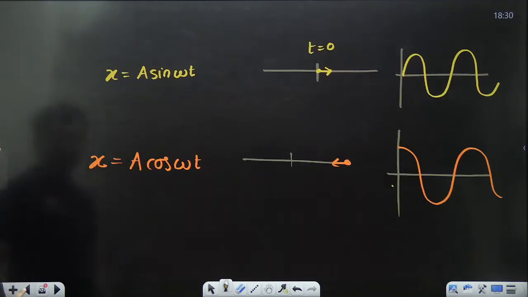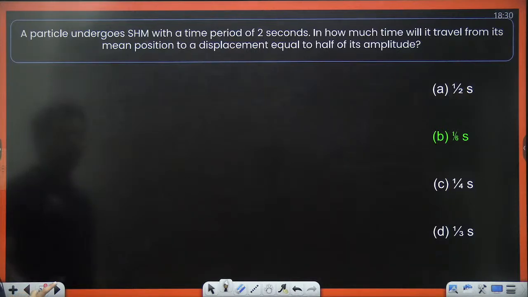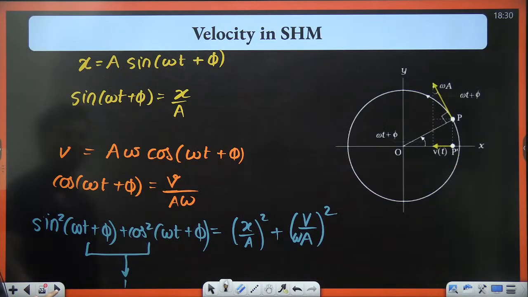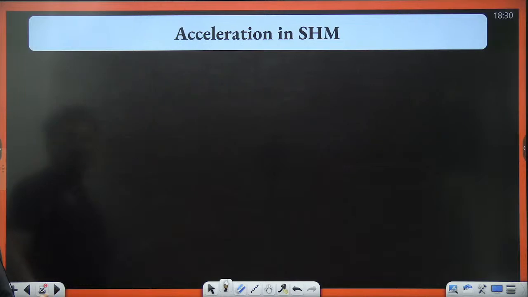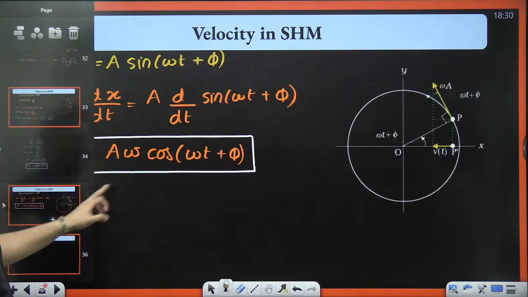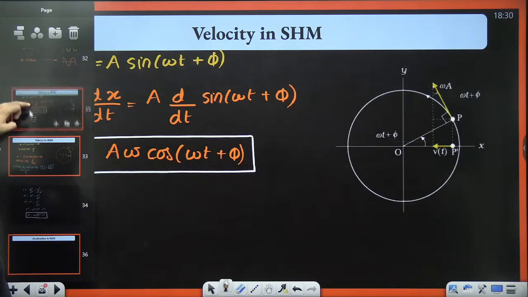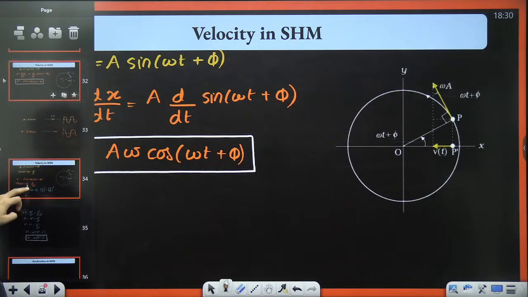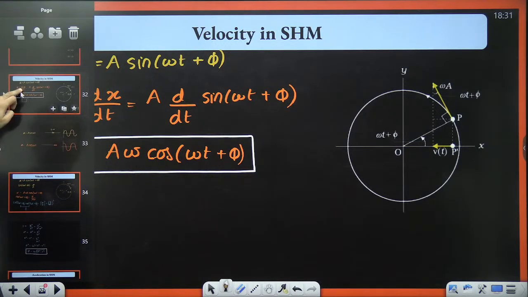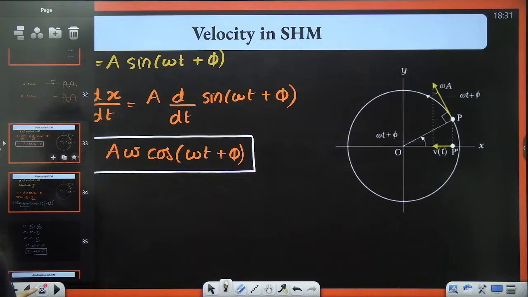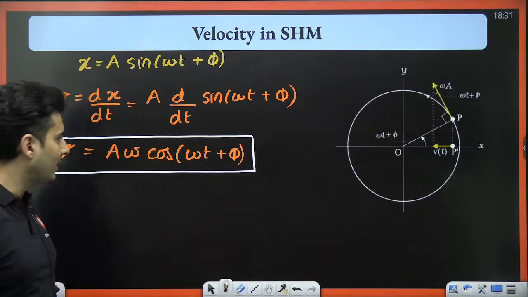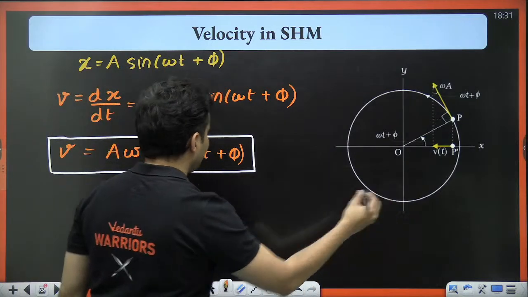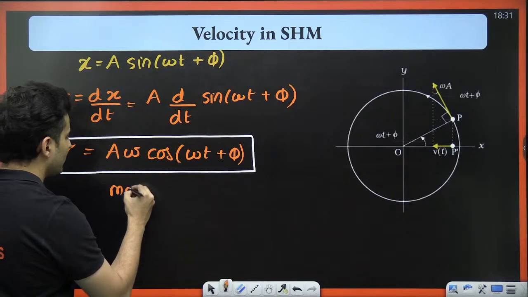If a time and velocity relation is asked or given in some way or the other, then you use the earlier one. Yes, when time and velocity relation is asked, then you use this. Is that okay? Perfect.